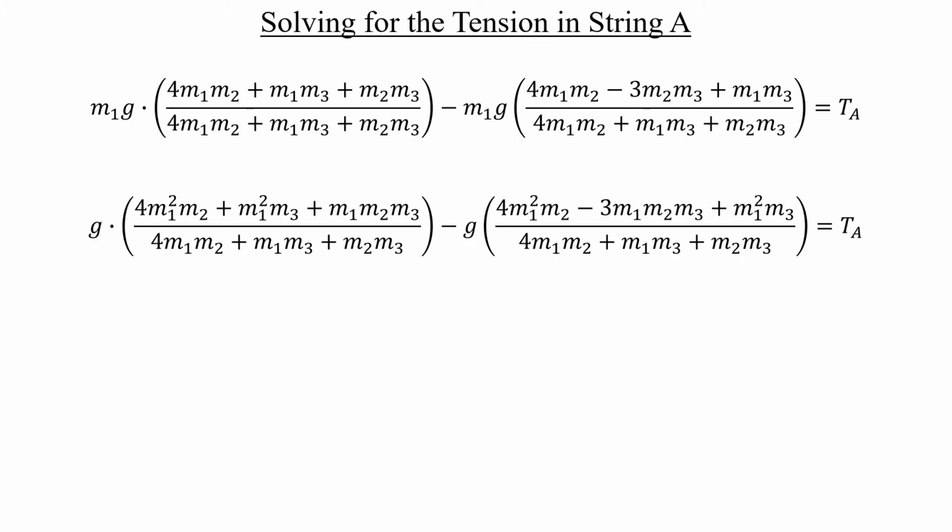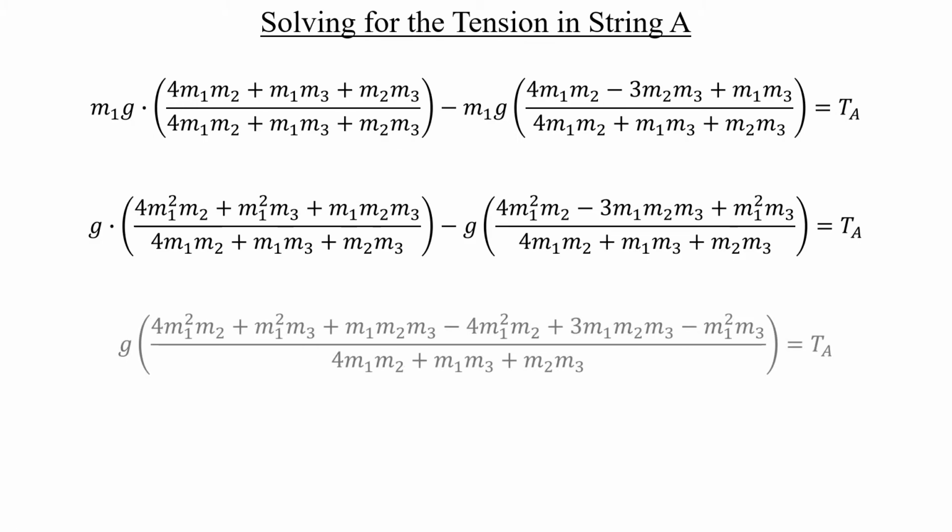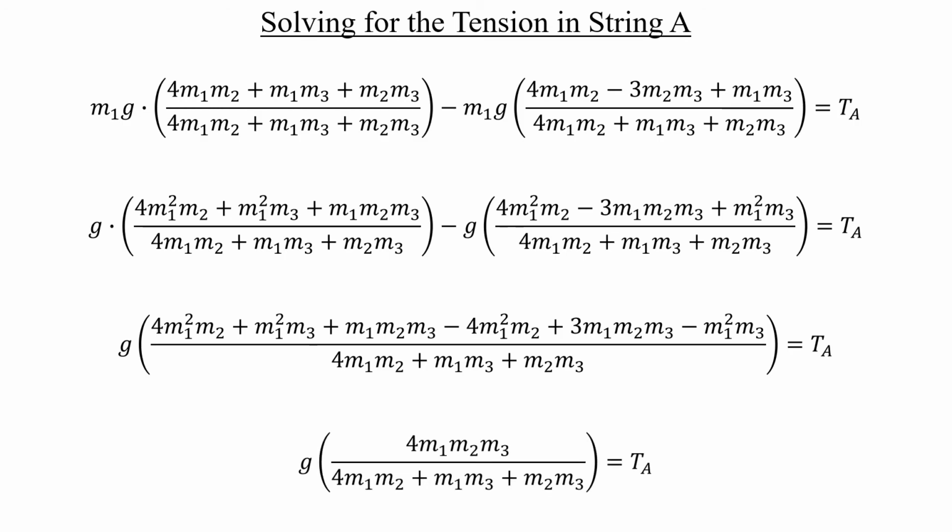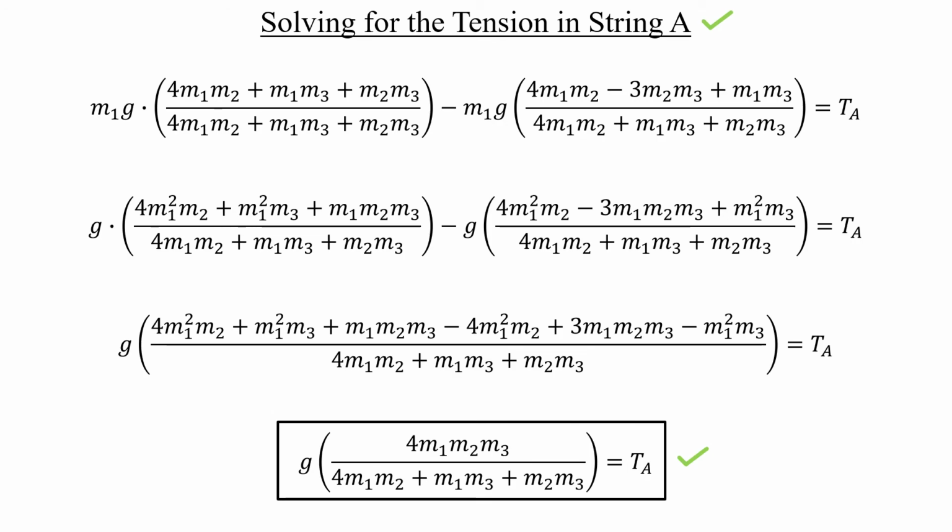Let's factor these g's out, like we've done a couple times already, and use a single ratio, like before. When we add like terms, the only thing that's remaining in the numerator is a term containing all 3 masses. And that's it. We're good to go here.